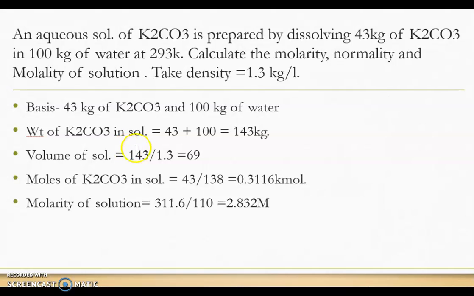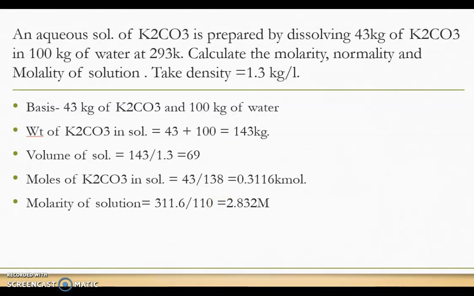So the weight is 43 of K2CO3 plus 100 of water, so 143 kg, which is basically the total weight of the solution. The volume of solution we find by dividing by density, so the volume of solution is 69. Then moles of K2CO3 in solution is 43 divided by 138. Molarity of solution is 311.6 divided by 110.